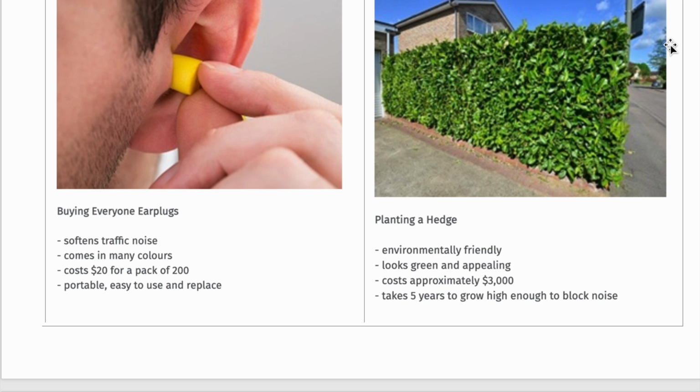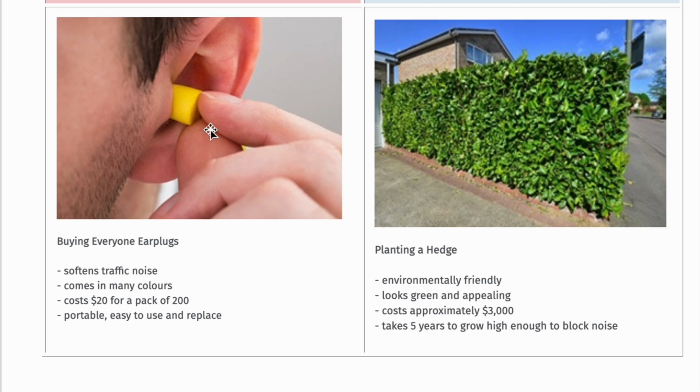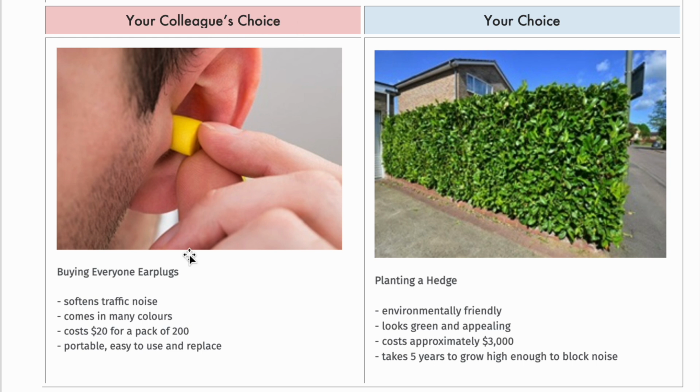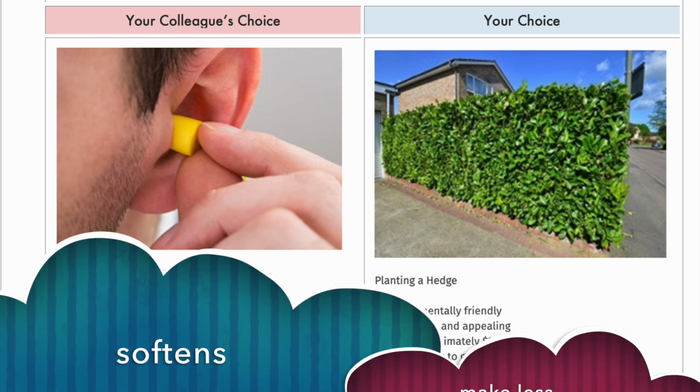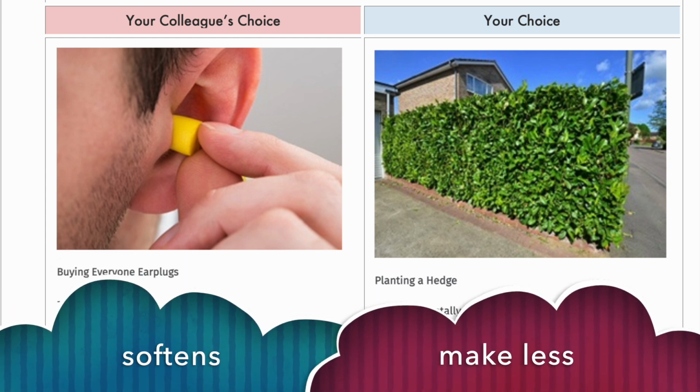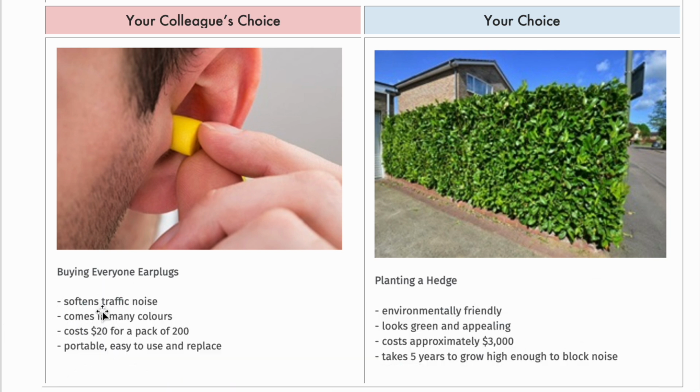Okay, so the next one, our colleague's choice, buying everyone earplugs, these ones here. Softens traffic noise. Softens means makes less, reduces, make less.